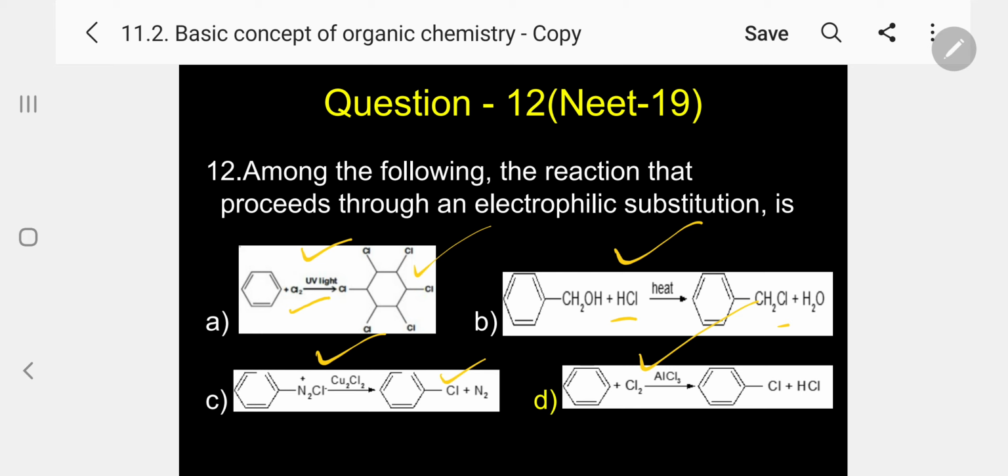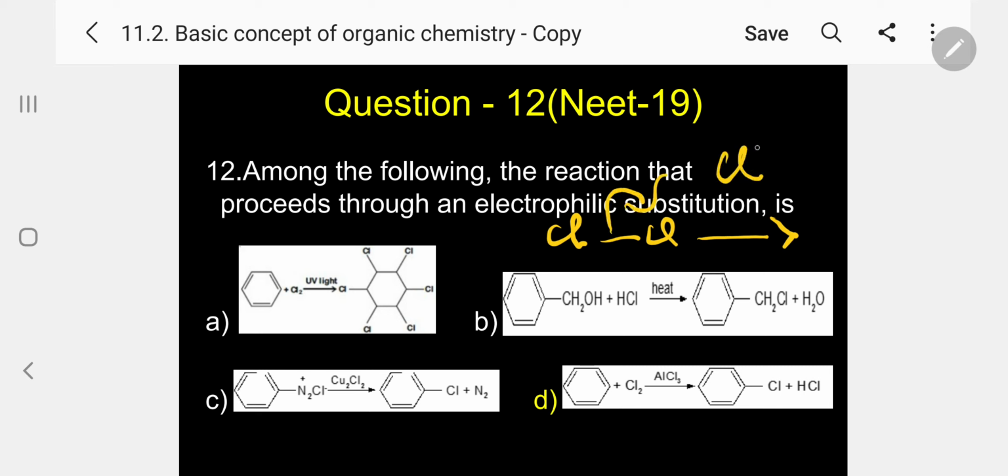So what is happening now? Kindly follow here. Chlorine undergoes a heterolytic reaction in the form of Cl+ and Cl minus. So this is the electrophile and this is the nucleophile. What will happen now in the presence of aluminum chloride?